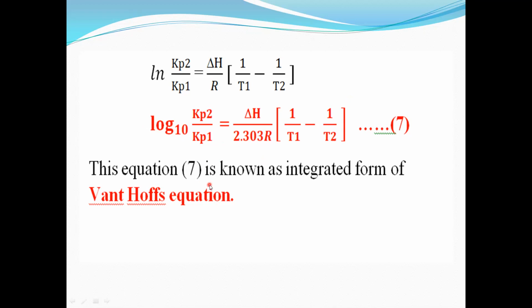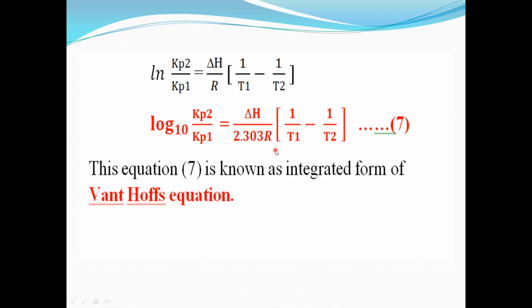And this equation 7 is called the integrated form of van't Hoff equation. See here, we have obtained two van't Hoff equations. Equation 5 is the general van't Hoff equation and equation 7 is the integrated form.